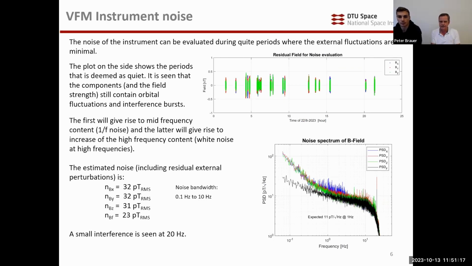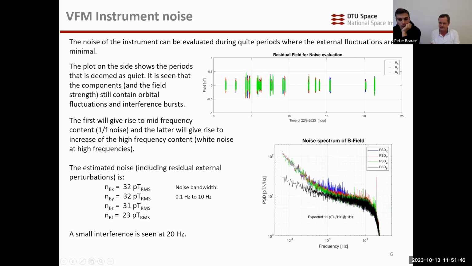If we take data from the residual field where the disturbances are low, we can reconstruct the noise of the instrument. On the spectrum, we have a noise spectrum where at 1 Hertz we have around 11 picotesla per square root Hertz.